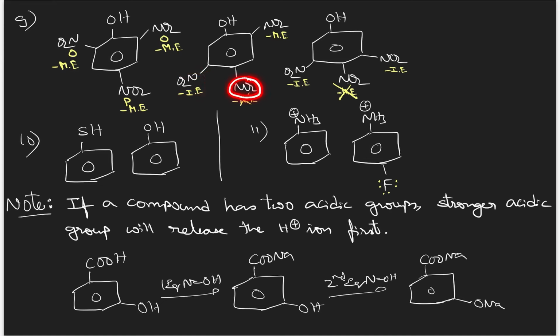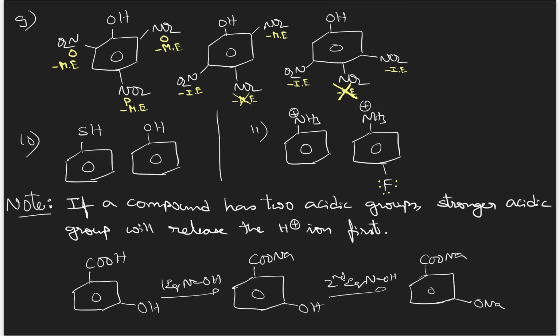Therefore, the rotation of this NO2 group out of the benzene plane may not be perfectly perpendicular, but here it will be exactly perpendicular, because from both sides the NO2 groups are present, which will move this NO2 group perfectly perpendicular to the benzene plane. Okay?